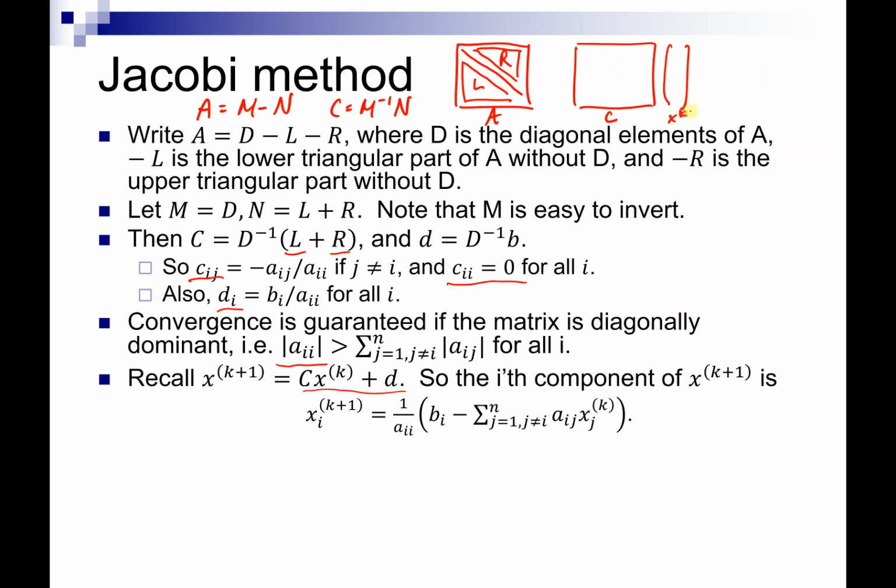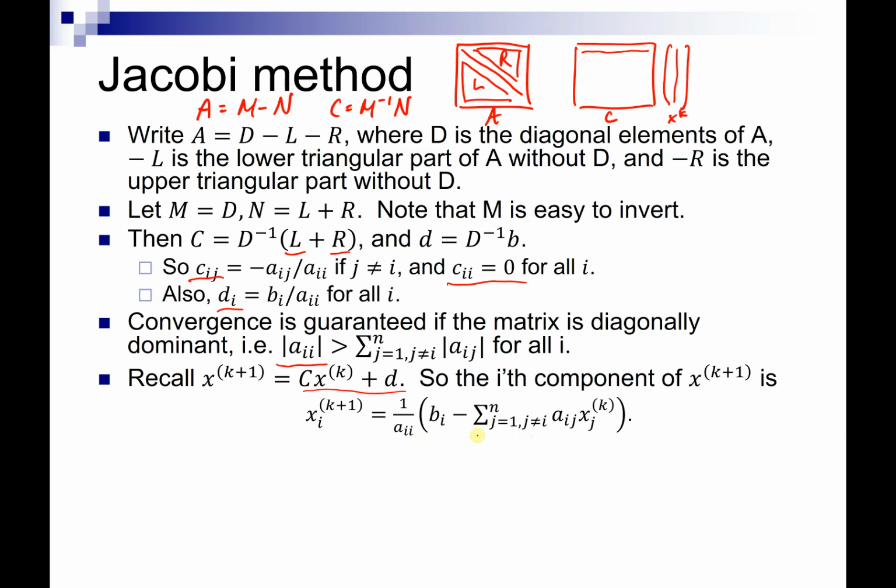We're just going to go through a row of C and multiply by x of k. In general, if you're in the ith row, these formulas tell you exactly what values are in the ith row of C.